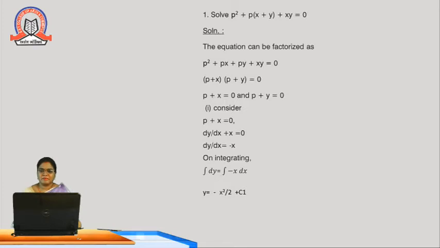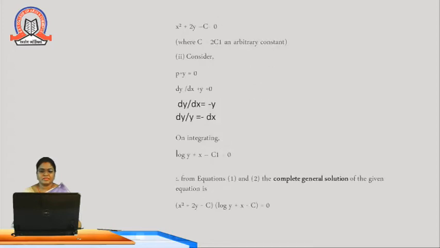As separable method, we are gathering y one side and x one side and integrating, we are getting answer y equal to minus x square upon 2 plus c1. So, rearranging this, we are getting x square plus 2y minus c equal to 0 if we are substituting c equal to 2c1.